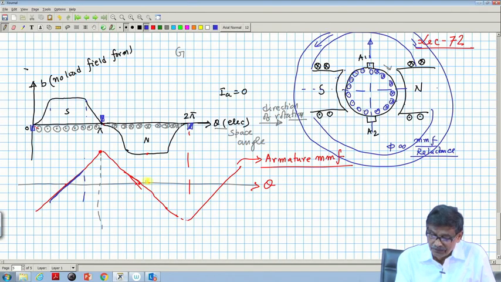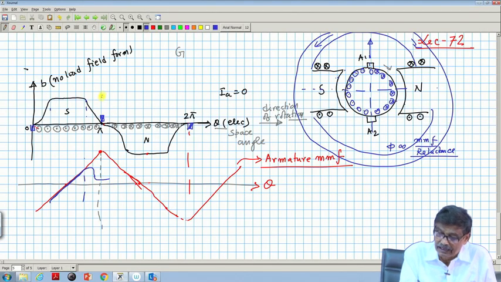It will be like this, and then the flux will decrease and it will have a minimum value here, because the air gap is maximum along this line.